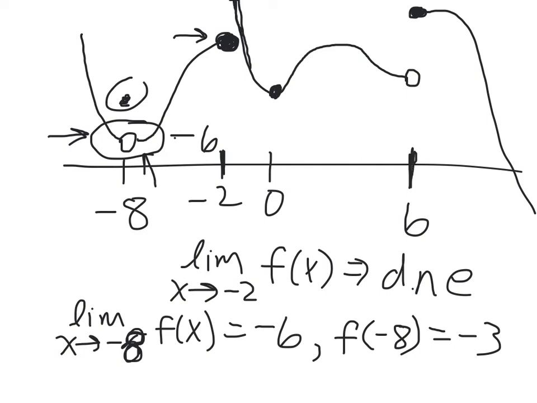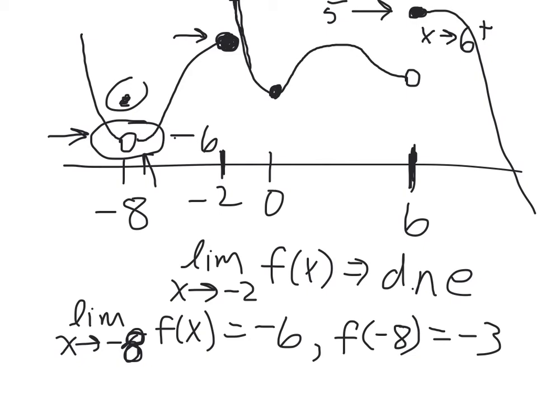What about at 6? What can we say about the limit at 6? There's no limit from the left, but there's a limit from the right. From the right, x approaches 6 from the right, we will get a value, and on our graph, this is y value of 5.